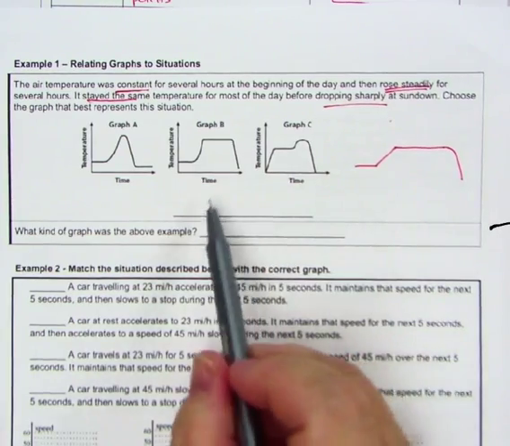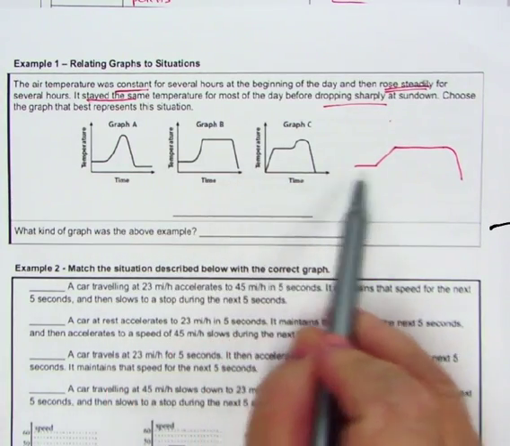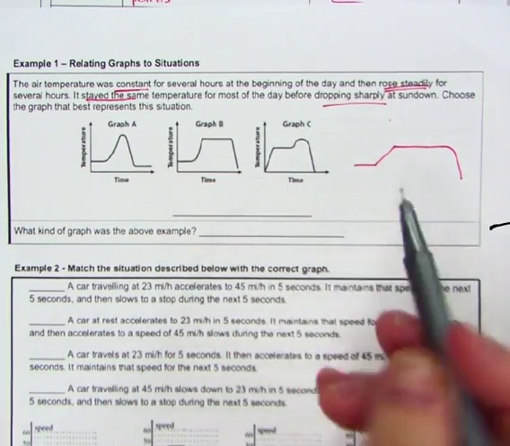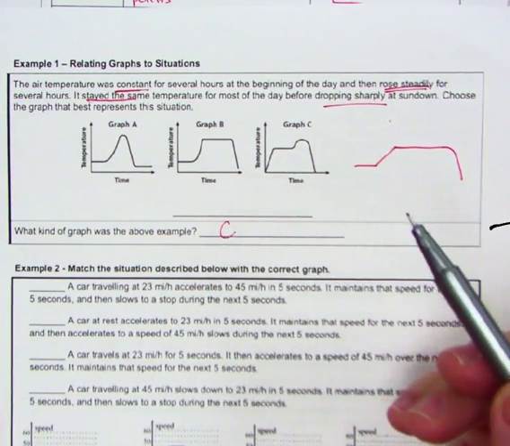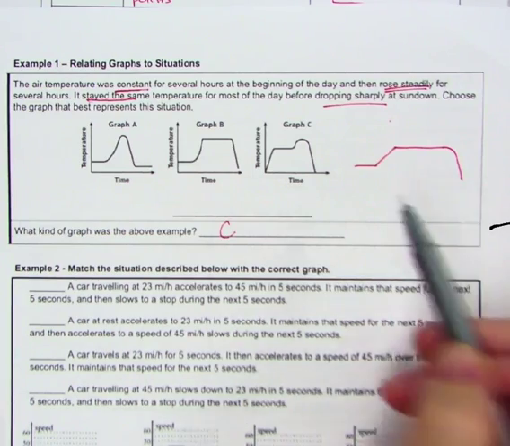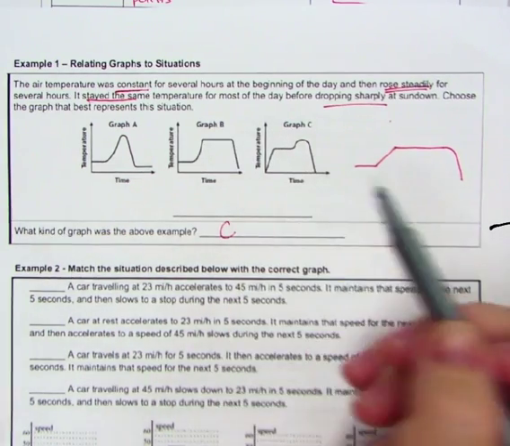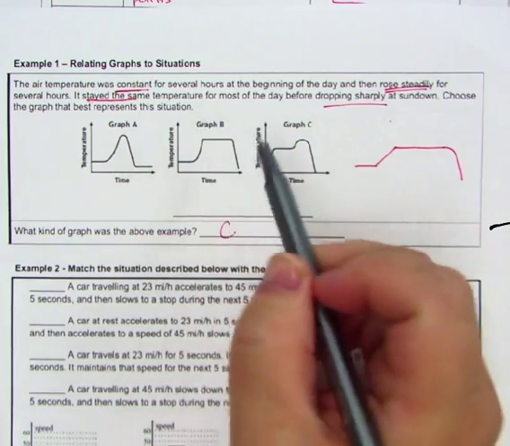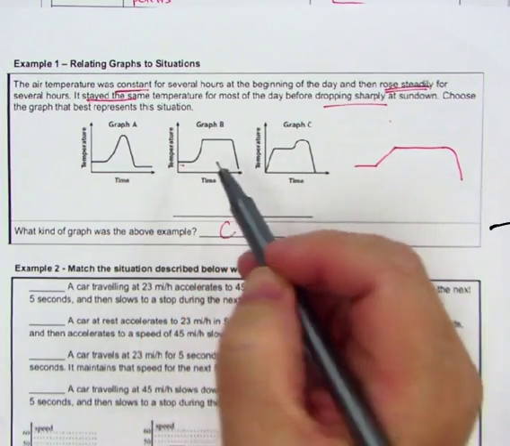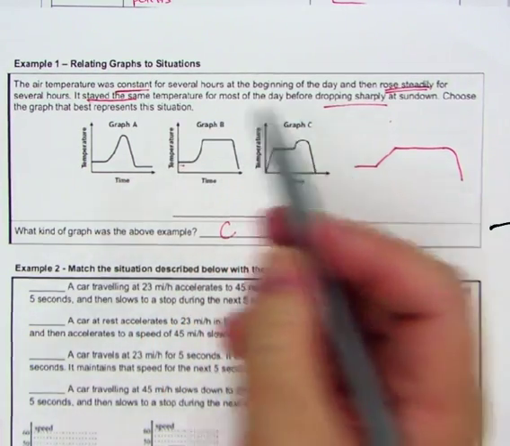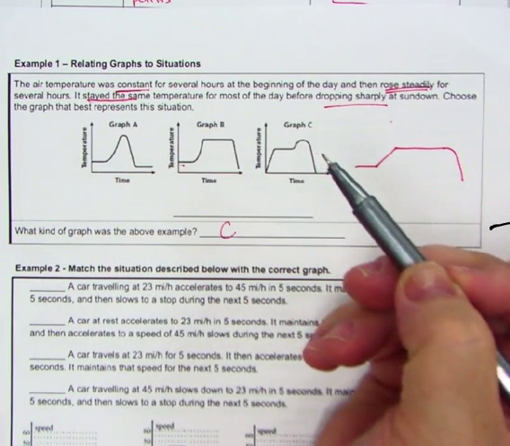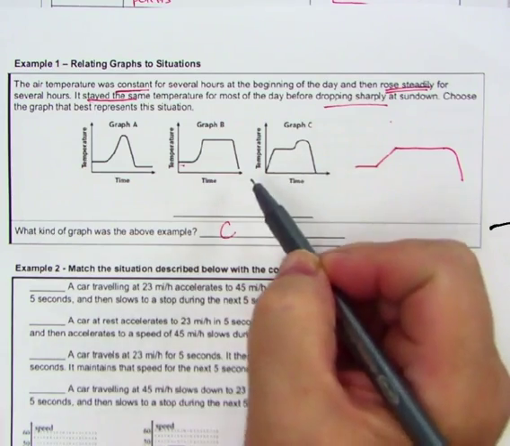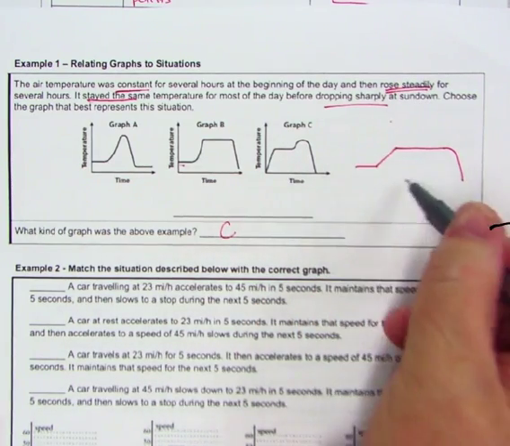Okay? And then you look at these, and which one of those graphs kind of has that shape? We're looking at graph C. See that? Oh, I'm sorry, that's not right. Rose sharply, let's see here. It was constant, rose steadily. It would look more like this.